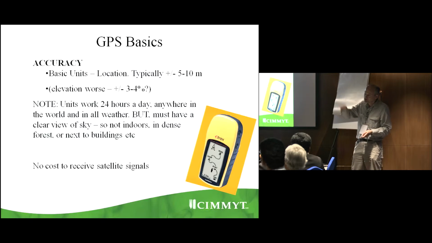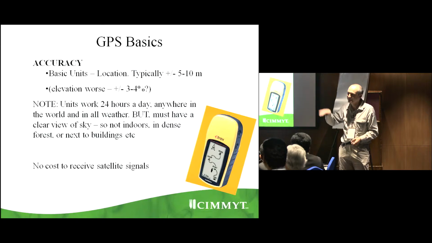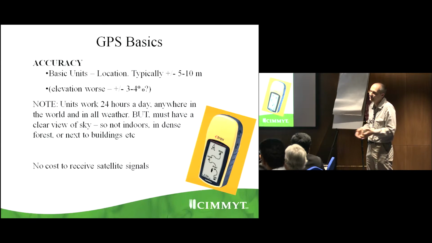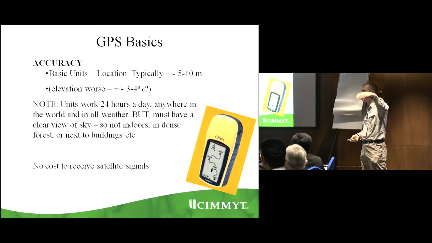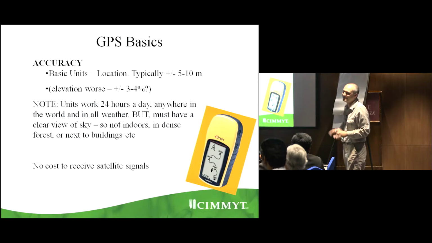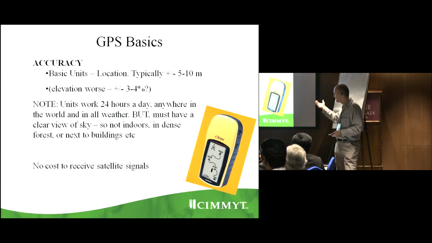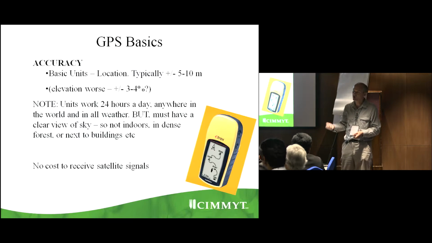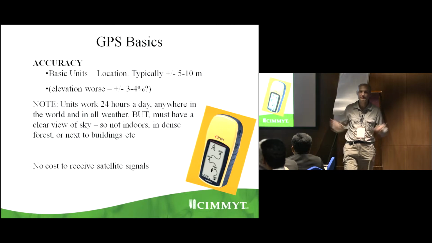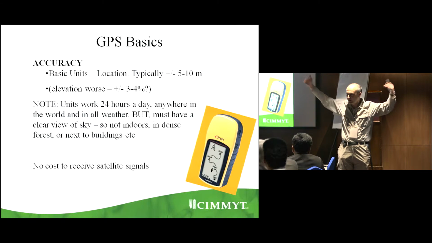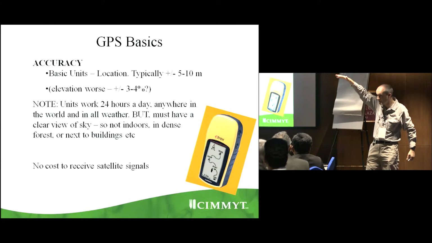Elevation, there's a bit more error in the elevation, but again, it still tells you if you're in a lowland area, a mid-altitude, yeah? I mean, it's good enough for what we need out of the information. You need a clear view of the sky, so you would struggle if you were trying to use it in this room because the signal from the satellites is being blocked by the buildings.